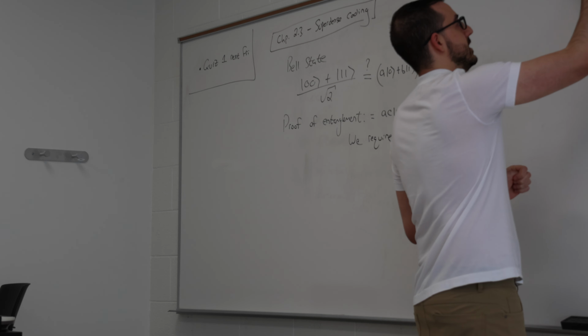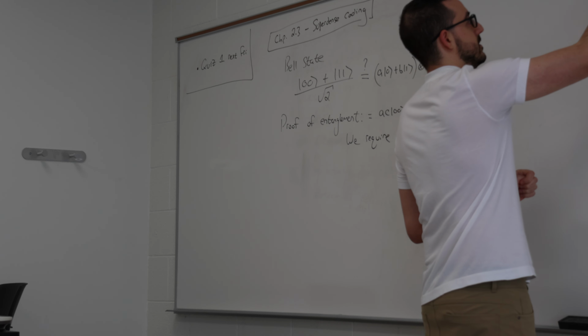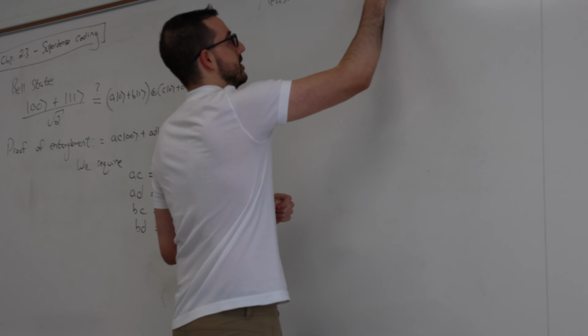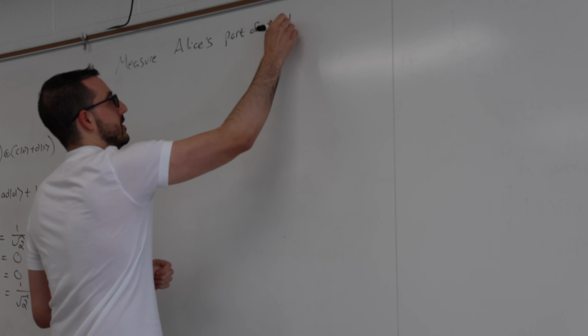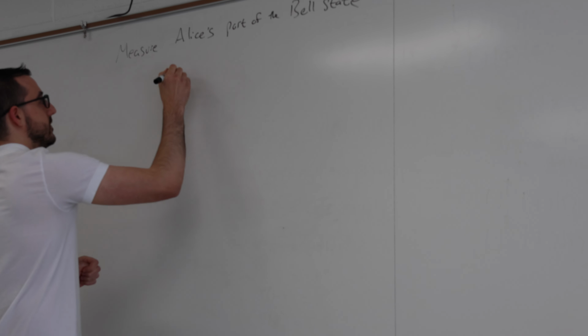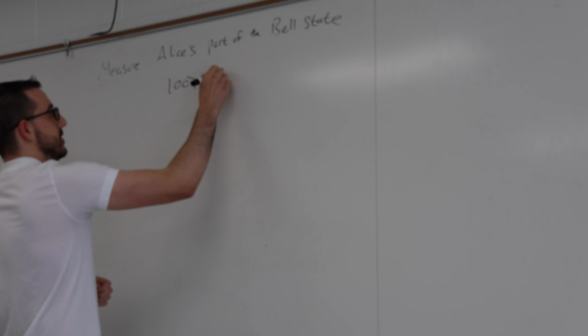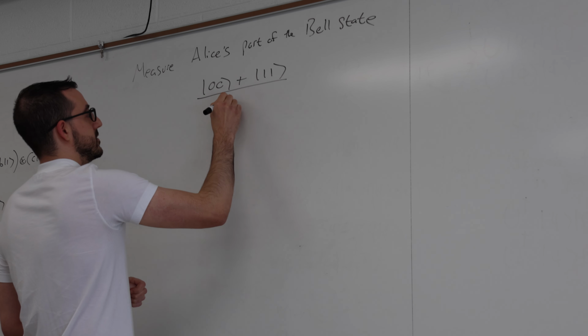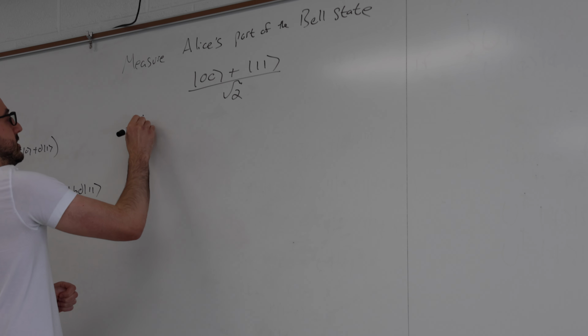Let's say we measure Alice's qubit of the Bell state, 0,0 plus 1,1 over the square root of 2 in the computational basis.